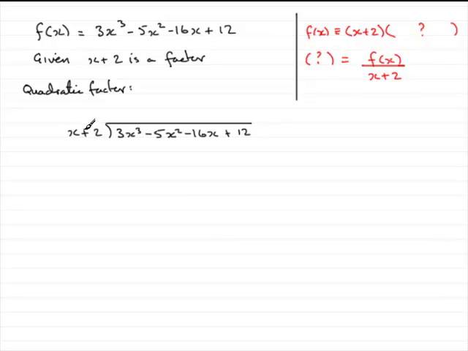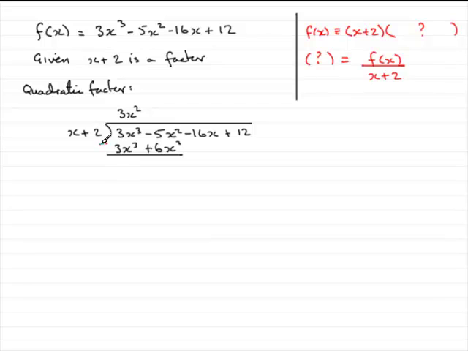Now, how do we do this then? Well, what do you multiply x by to give 3x cubed? Now that's going to be 3x squared, so you put that up the top there. And then you do 3x squared times the x plus 2, and you put your answer underneath here. So 3x squared times x is 3x cubed, and then 3x squared times plus 2, well that's plus 6x squared. And we subtract these two away from one another to find out what the remainder is.